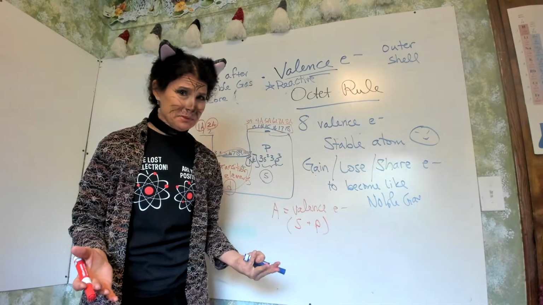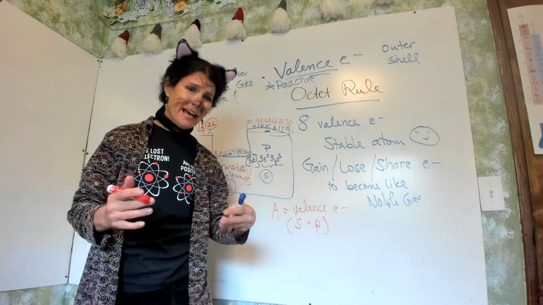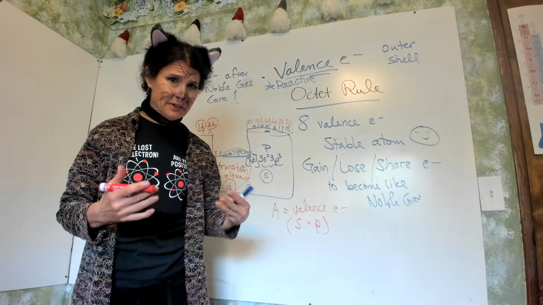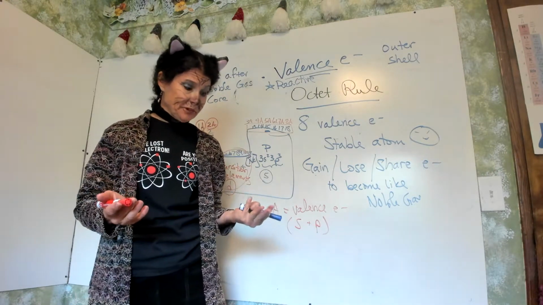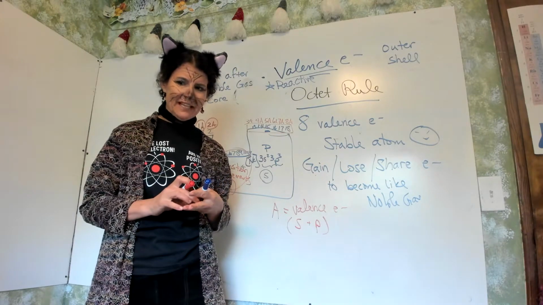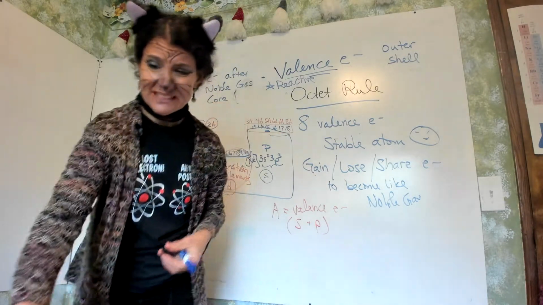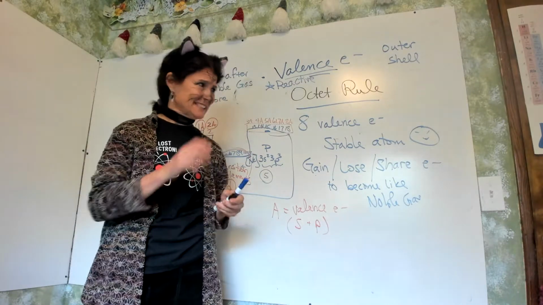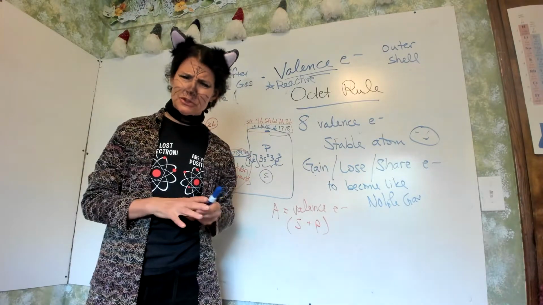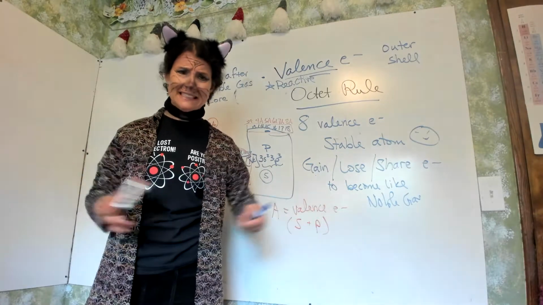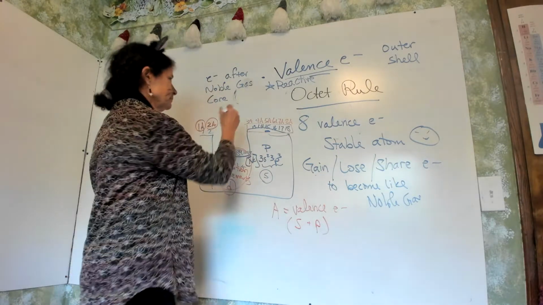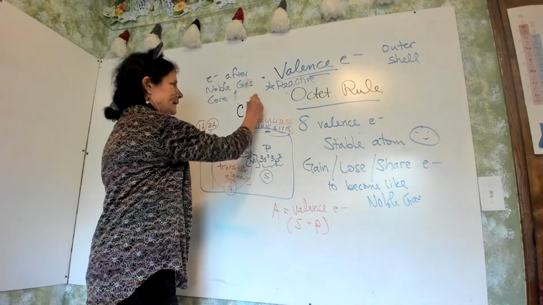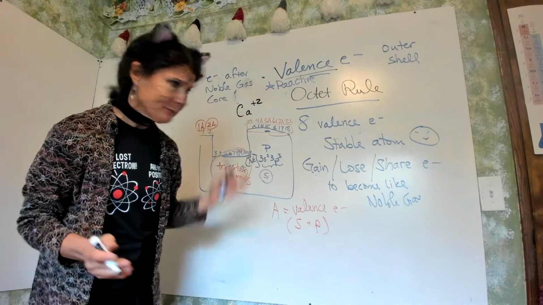It doesn't matter to me what periodic table you use. What matters to me is you have an understanding of where these numbers are going to come from, because it is something that's important. So if someday you're sitting in an anatomy class, and they write Ca plus 2 on the board, you're not sitting there going, what's the Ca?